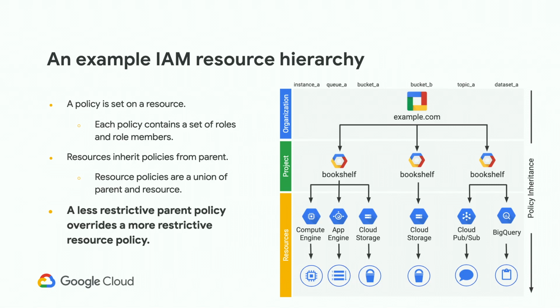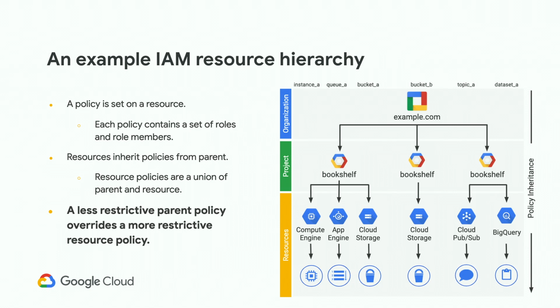For the hierarchy, yes, you can define those policies at the organization level, folder level, project level, and even on a specific resource. And a less restrictive parent policy overrides a more restrictive resource policy.